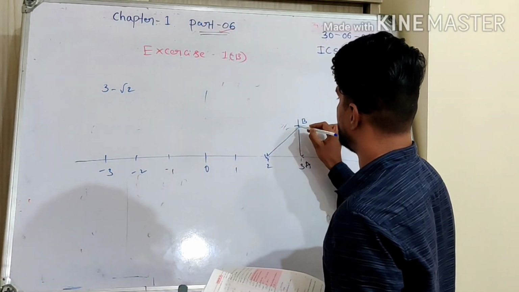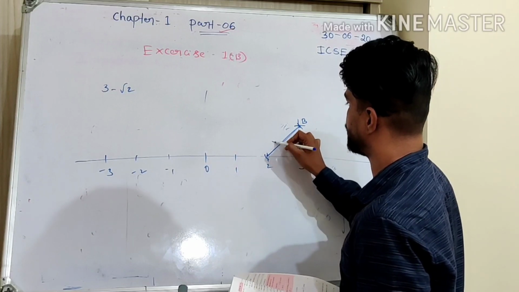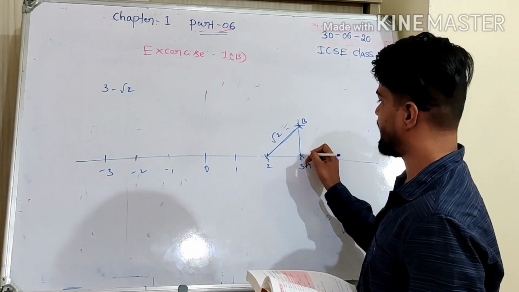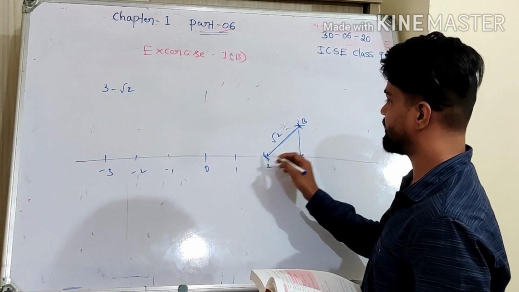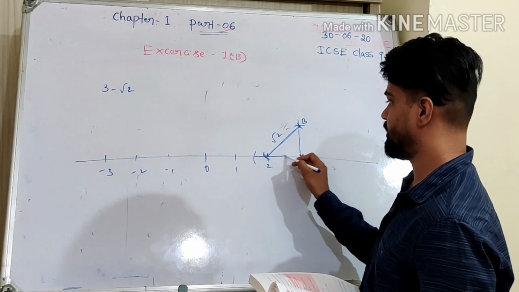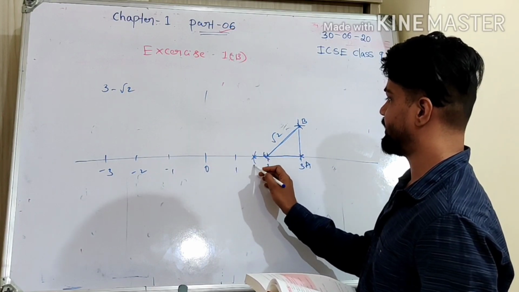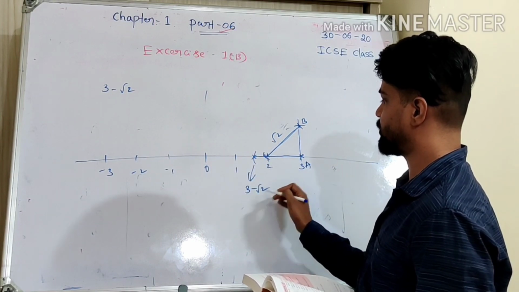So first you take a compass and measure this length. This is √2. Okay, and then take this as a center and mark the same distance with an arc on the line. So this will be √2 subtracted from this. So this will become 3 minus √2.